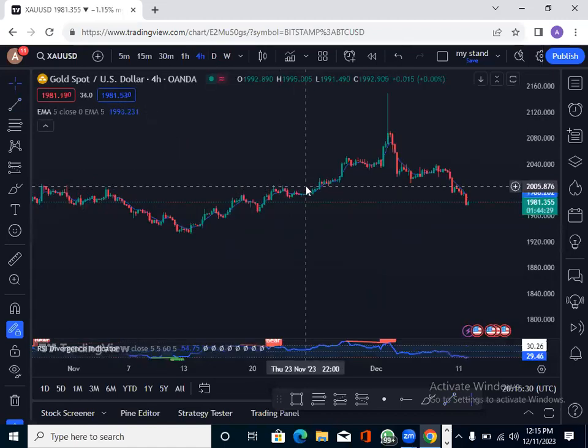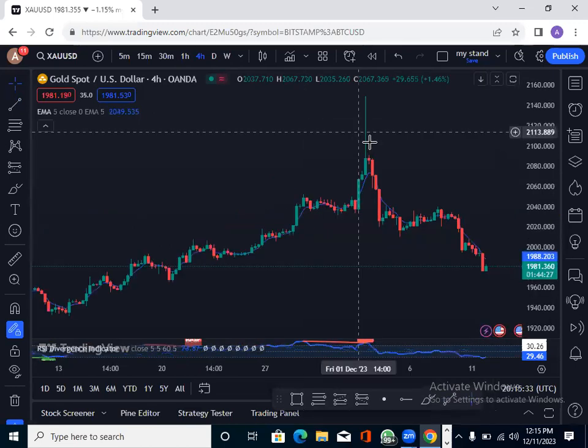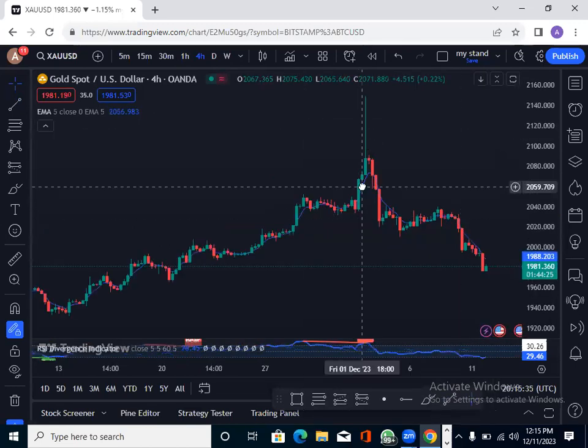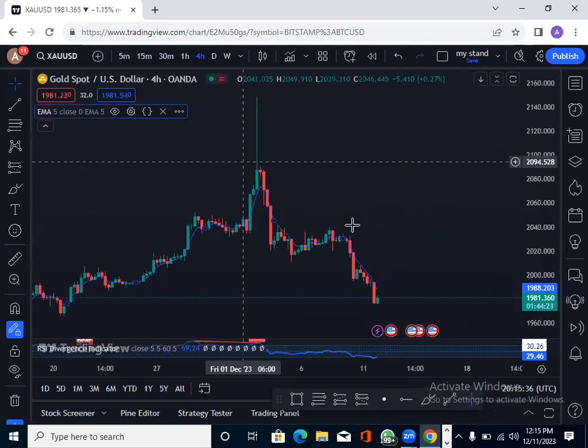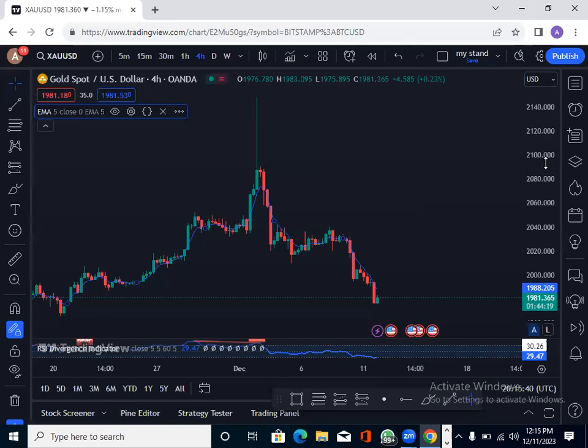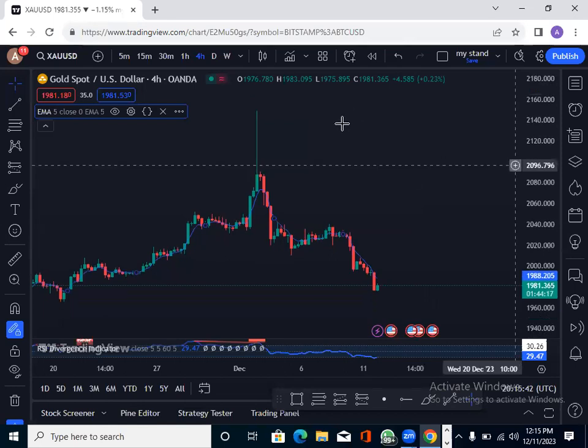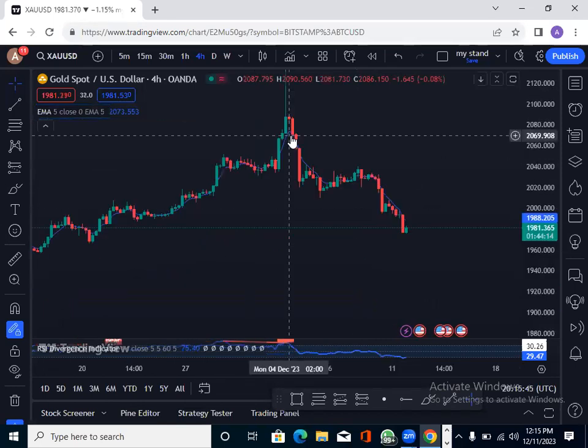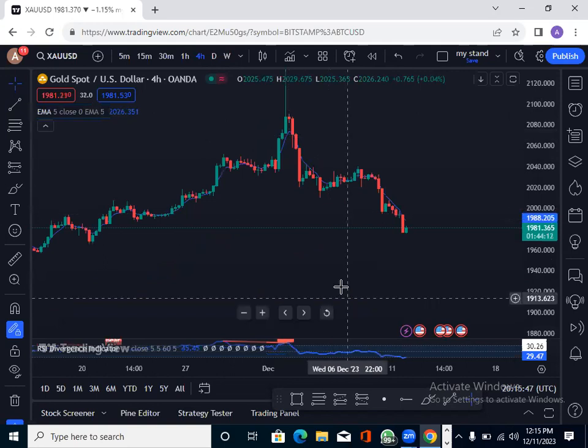We actually drew this on 4 hours yesterday, and we traced the market down. Currently we're still on trend, drawing and identifying trend. That is where we are still.